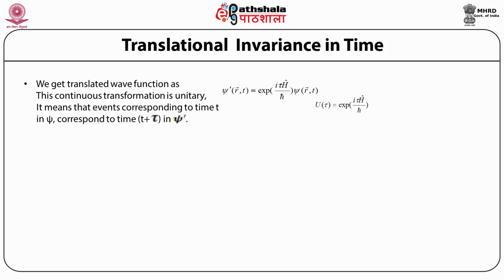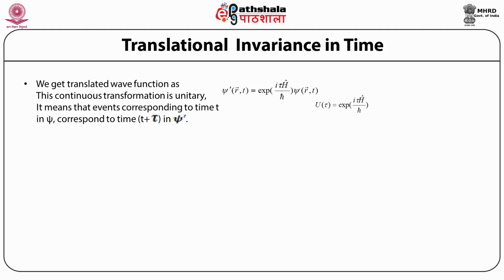This continuous transformation is unitary. That means we can define a unitary transformation operator as U of tau is equal to exponential to the power iota times tau times Hamiltonian operator H upon h cross. It means that the events corresponding to time t in the wave function psi correspond to the time t plus tau in the wave function psi prime.